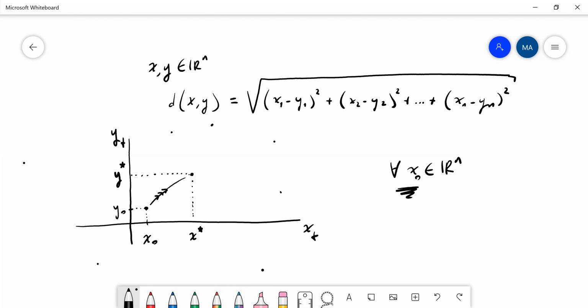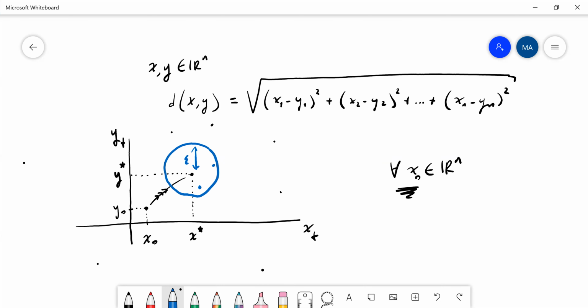Now in local stability, there is a ball here, and the radius is epsilon. X0 must be in here.